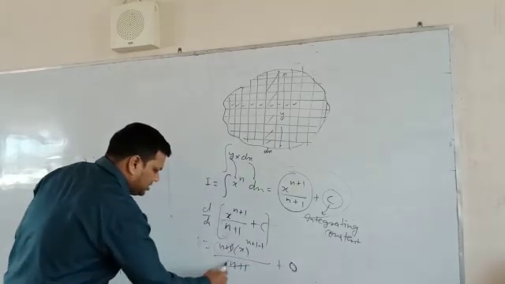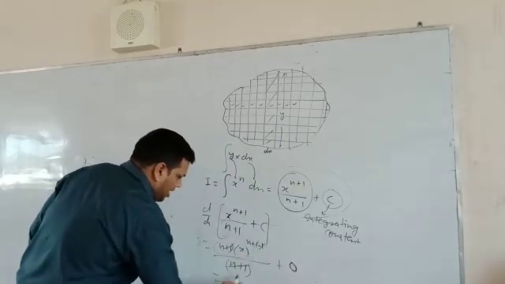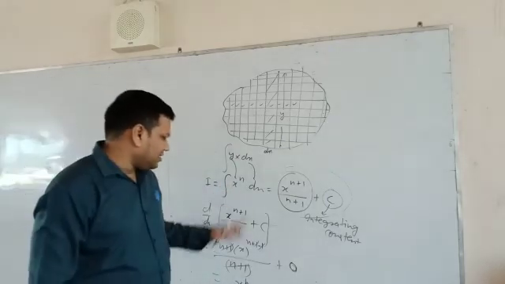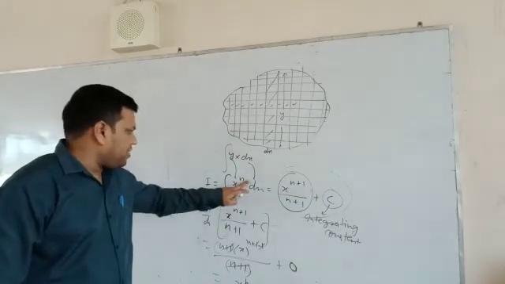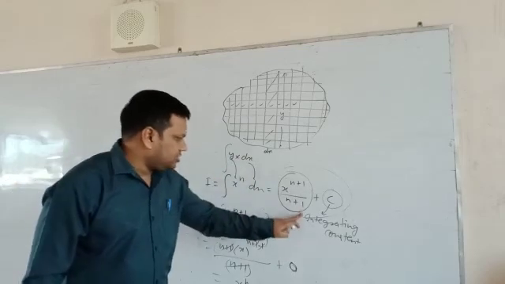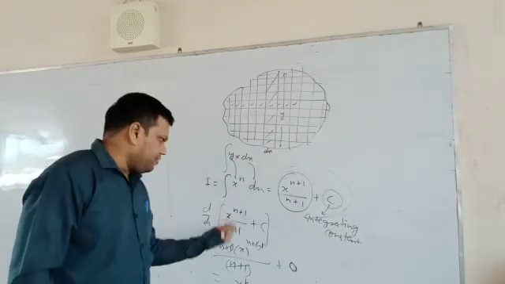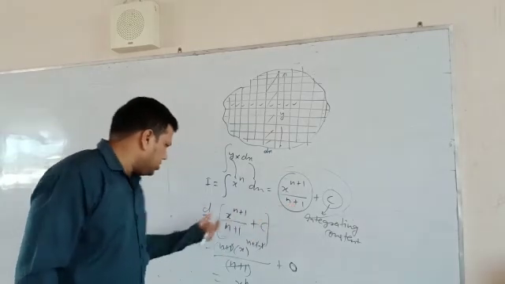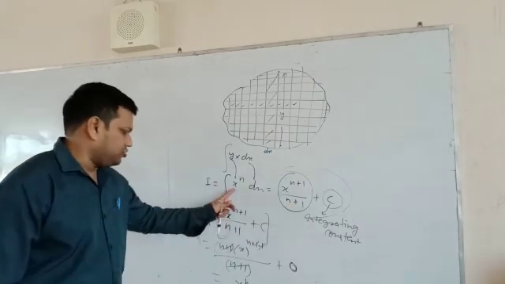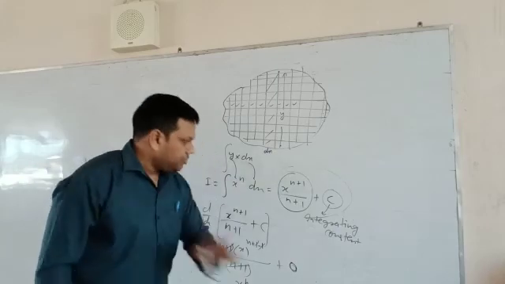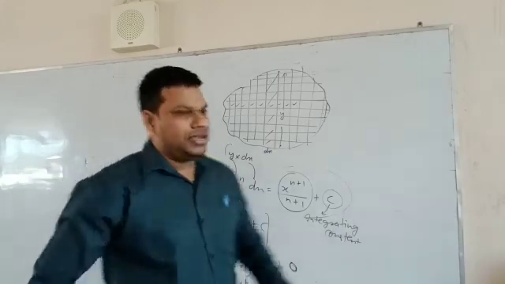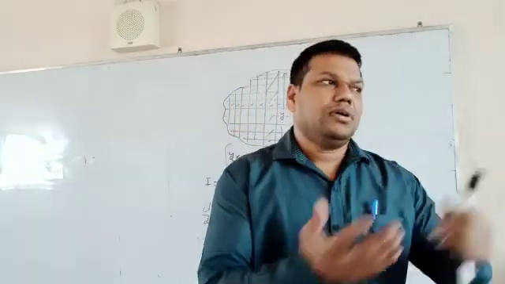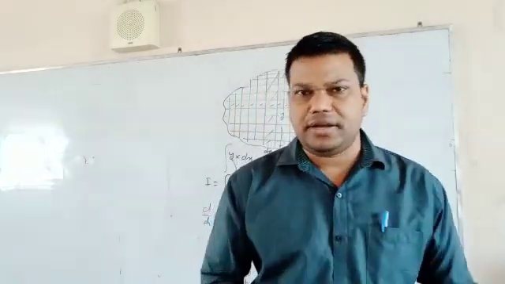So you see that you get the answer x to the power n. That means the integration of x to the power n, the antiderivative, when we find its derivative, we get the same function back. So by this we can say that integration is just the antiderivative of derivatives, right?